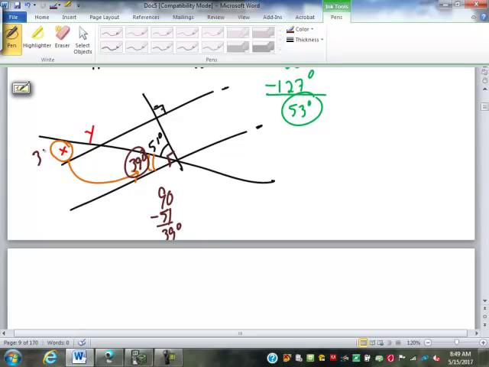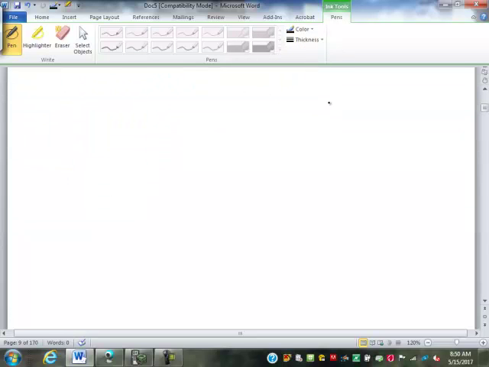So this is 39 degrees. That's 39 degrees. Y has to be what? There you go. 180 minus 39. 141 degrees for Y. Any questions on angles?